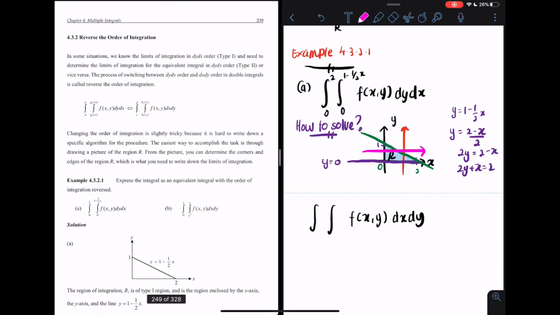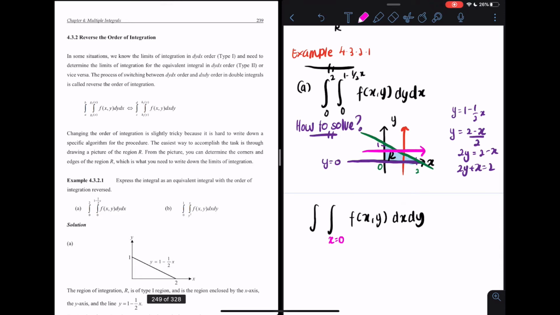And again, I have to remind you, if the integration is with respect to variable x, therefore the limits belong to variable x, and x should be the subject of your equation. The best equation to represent the line on the y-axis is x is equal to 0.